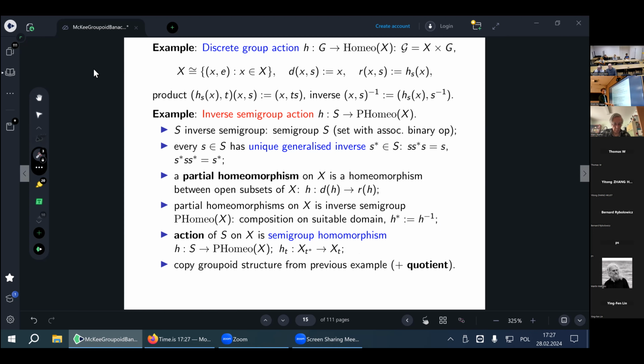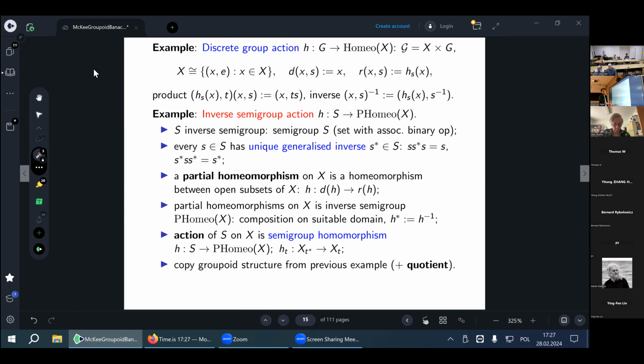The last thing about groupoids I want to mention is bisections. A bisection of G is an open subset of G where the restrictions of the range and domain maps are injective.